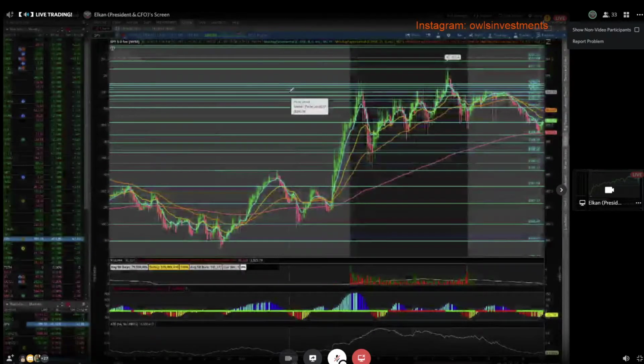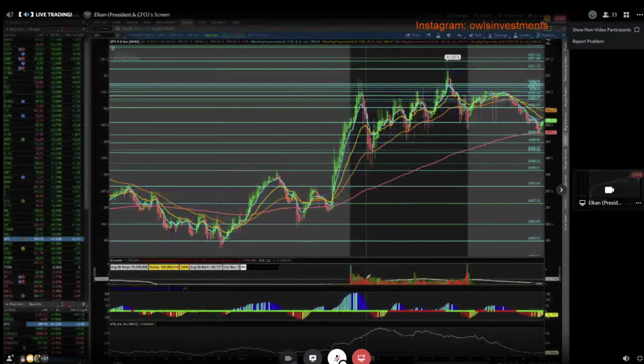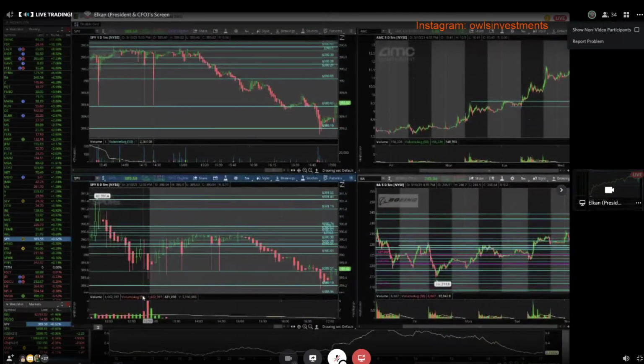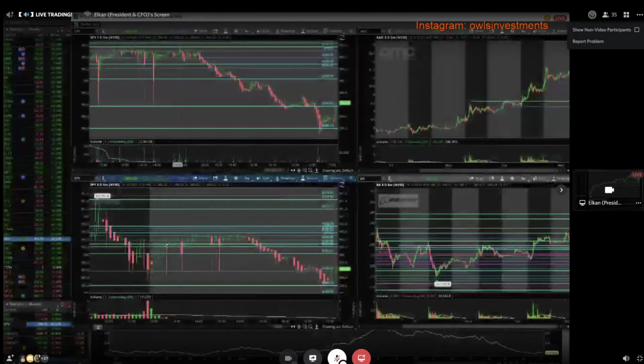In studies, for the main chart, I have a volume study. This is the one from Kian's. We all have it. You can use that one or you can use a volume average. They all work the same. As you notice here, I have volume average and it works just fine. These are the two main ones that I use to trade.